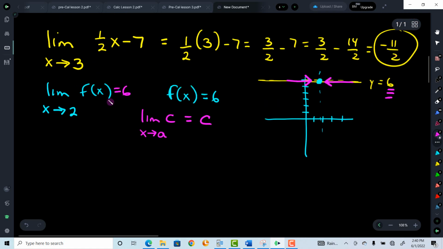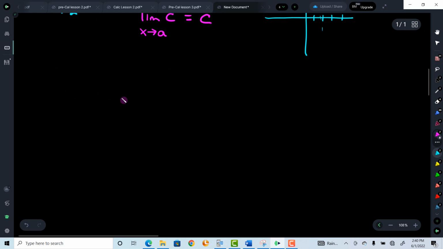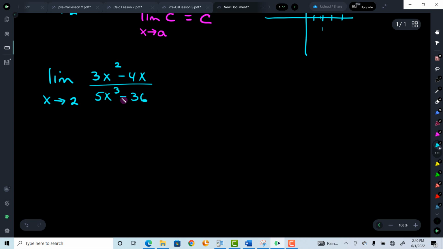All right, let's look at a little bit more difficult. Okay, here's one. The limit as x approaches 2 of 3x squared minus 4x over 5x cubed minus 36.